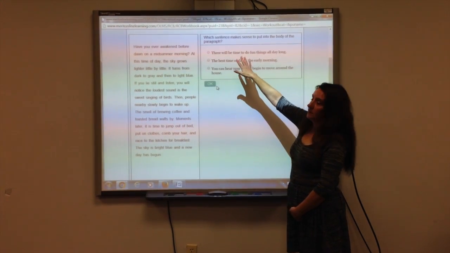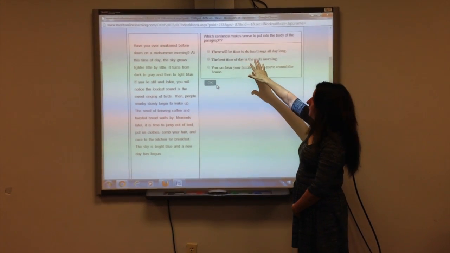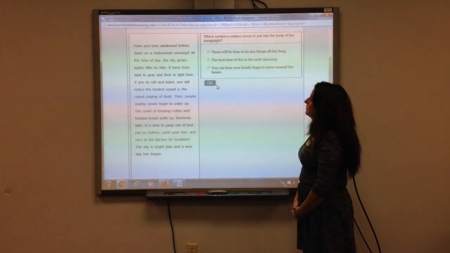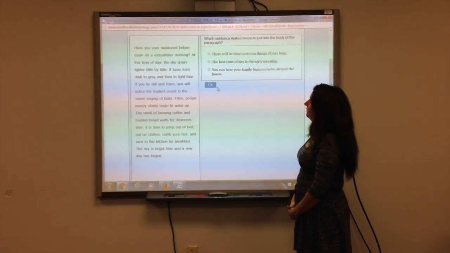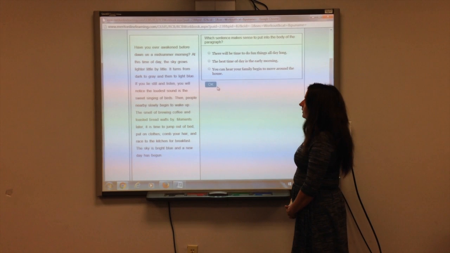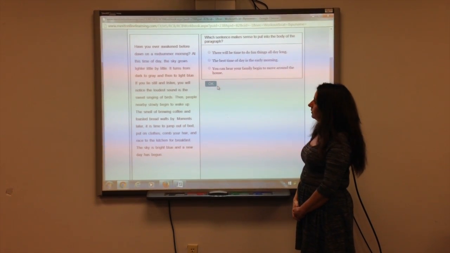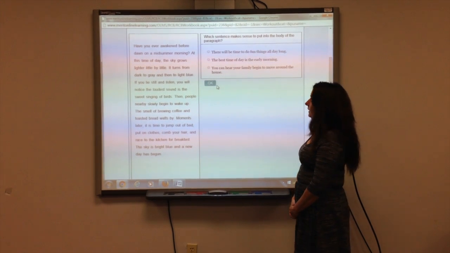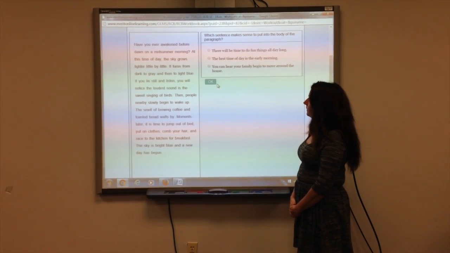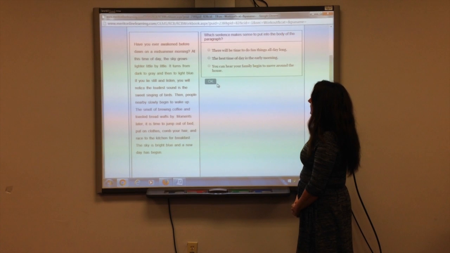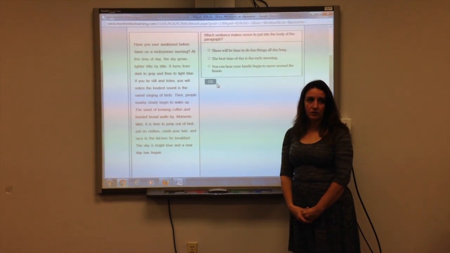The next question deals with structure of the paragraph. Which sentence makes sense to put into the body of the paragraph? There will be a time to do fun things all day long. The best time of day is in the early morning. You can hear your family begin to move around the house.